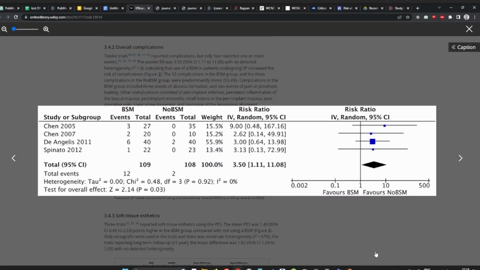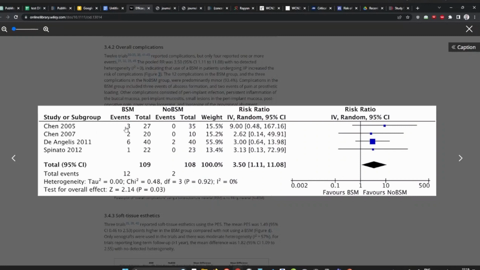There are different softwares for this: RevMan, JASP, even R. You just have to collect the data from different papers, put it in this software, and then you can show it on a forest plot.